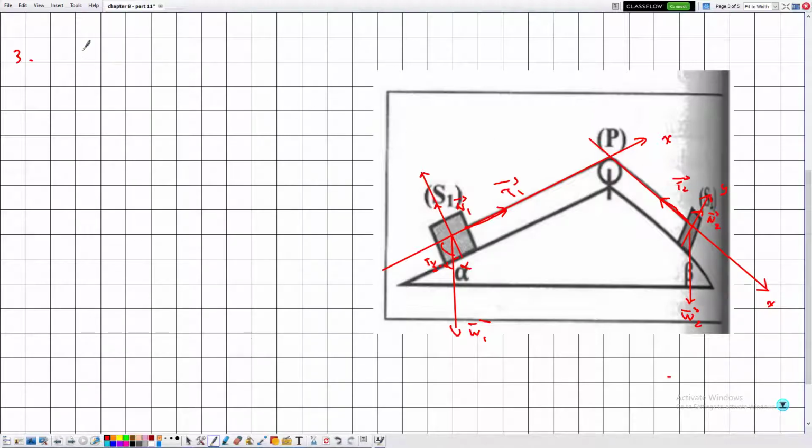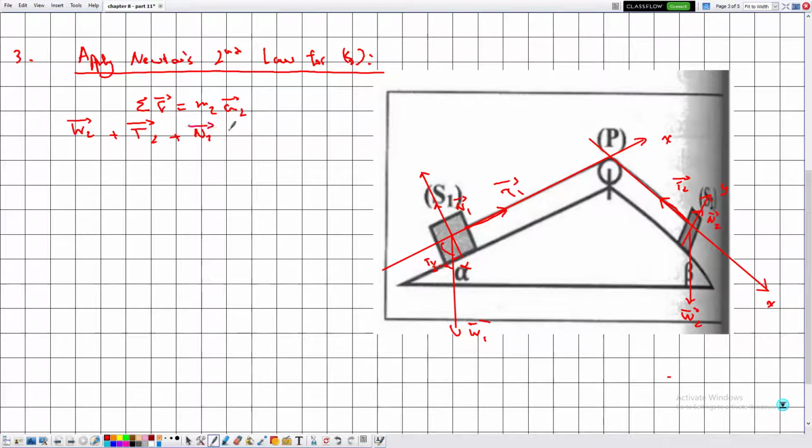So now let's apply Newton's second law. For S2, we have the sum of forces equal to M2 A2, so the weight W2 plus the tension T2 plus the normal N2 is equal to M2 A2, and we are interested in determining the acceleration.